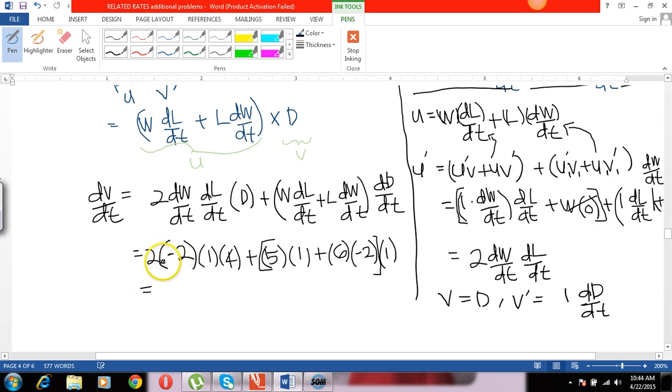So we get negative 4 times 4, negative 16. 5 minus 12, then we get negative 7. Then we get negative 23 cm cubed per second. So this is your final answer.